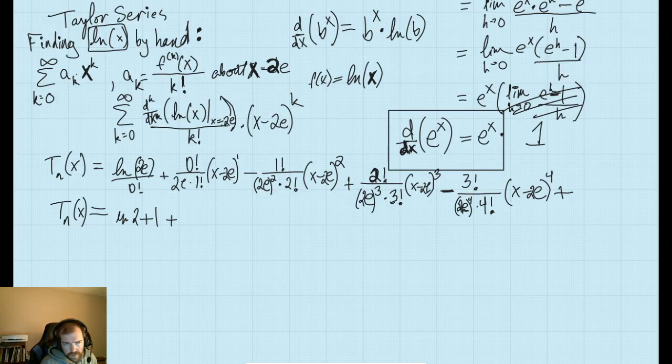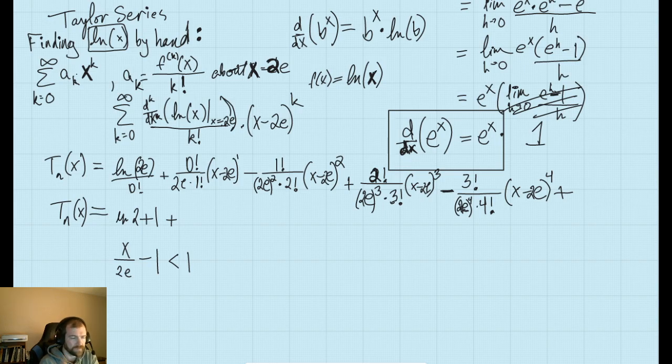So then here, there's kind of two ways we can let this go, right? We could say that x over 2e minus 1 is going to be the inside part of the power series, which now would need to be less than 1 if we're going to do the thing. So x needs to be less than 4e now, which it certainly will, because x is now going to be 5 compared to e.